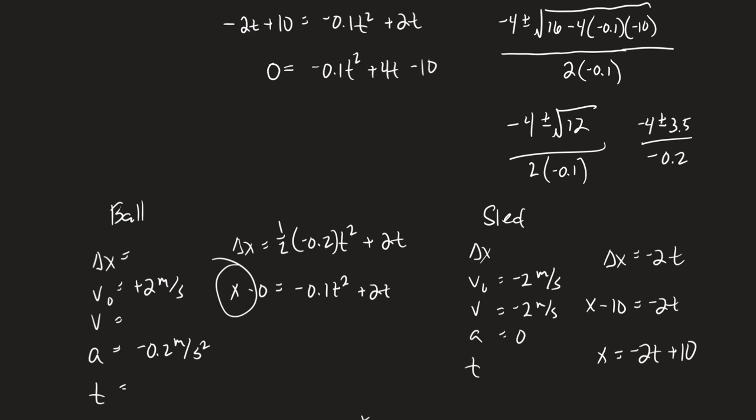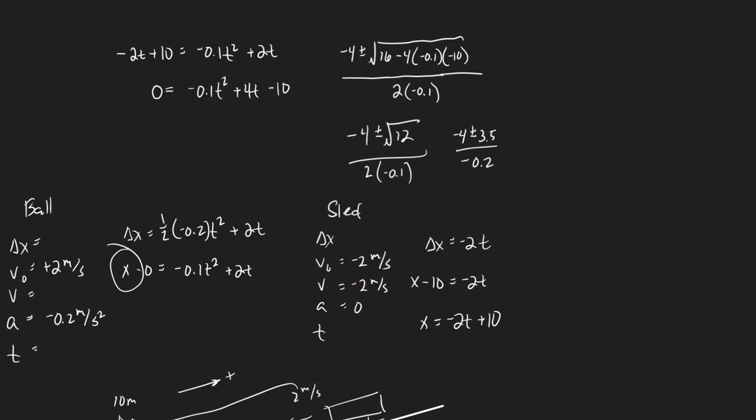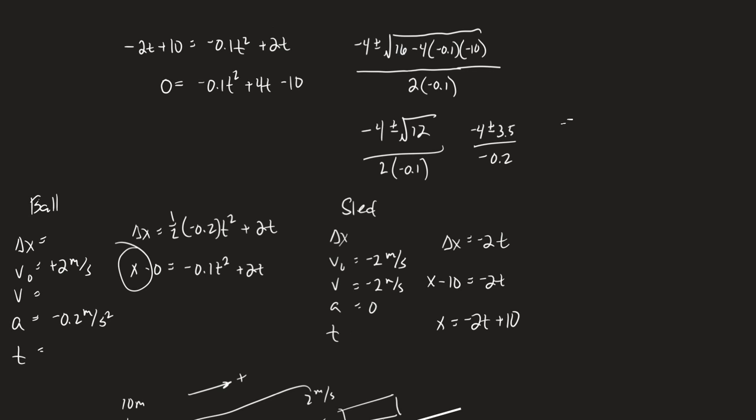So I have two positive times. So there are 2 times in which the ball passes the sled. The first time, when I subtract, I get negative 7.5 divided by negative 0.2. You guys do the arithmetic for me. The other is negative 0.5 over negative 0.2.